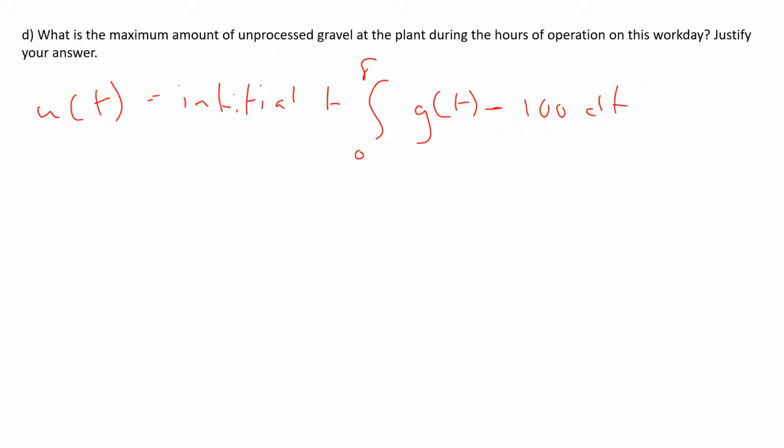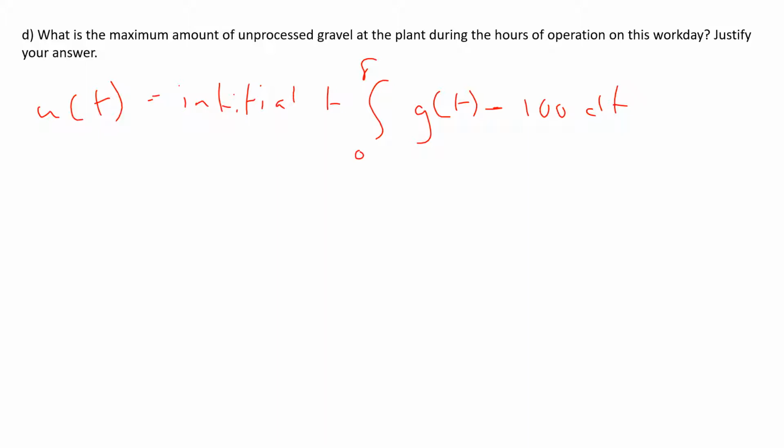Now we want to find the maximum amount, which basically means I'm going to be finding the absolute maximum of U of t over the time interval 0 < t < 8. And what do we need for that? A derivative and critical points.